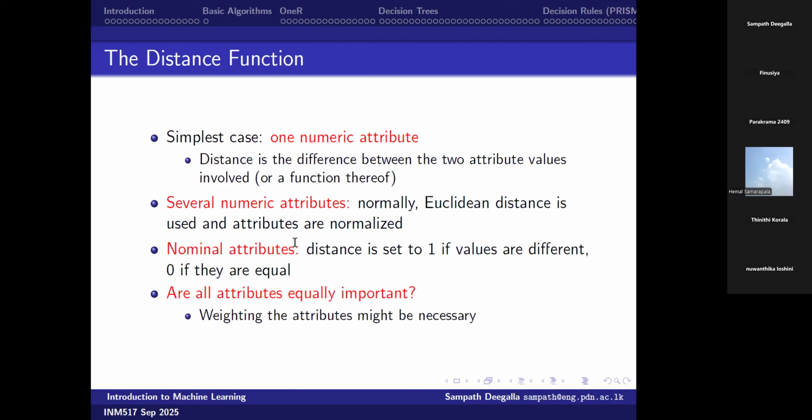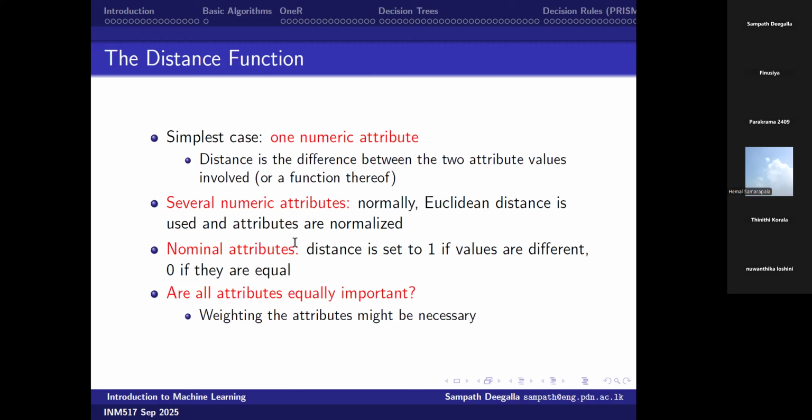Of course, if you have just one attribute, and let's assume it is numerical, then simply you can check the difference. That would be the simplest case. But we know normally we have multiple different attributes. In that case, we have to calculate the Euclidean or geometrical distance.